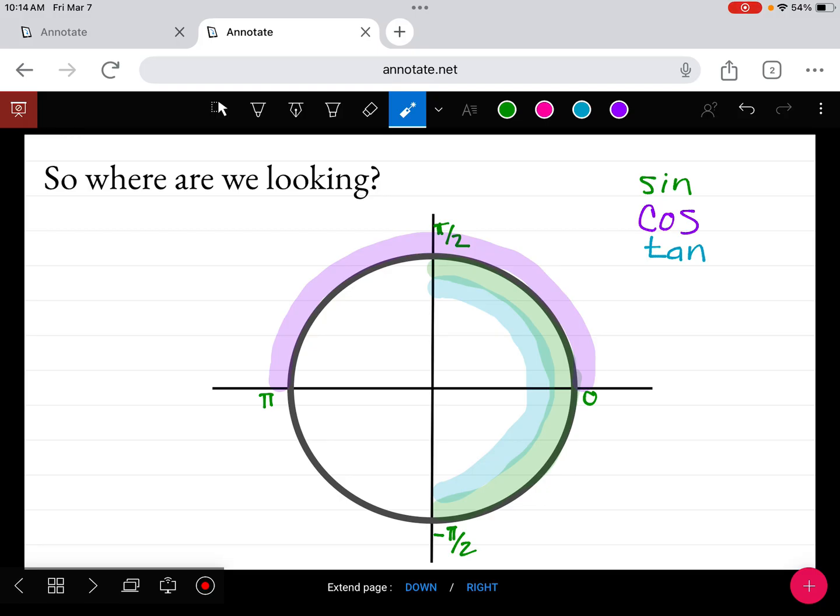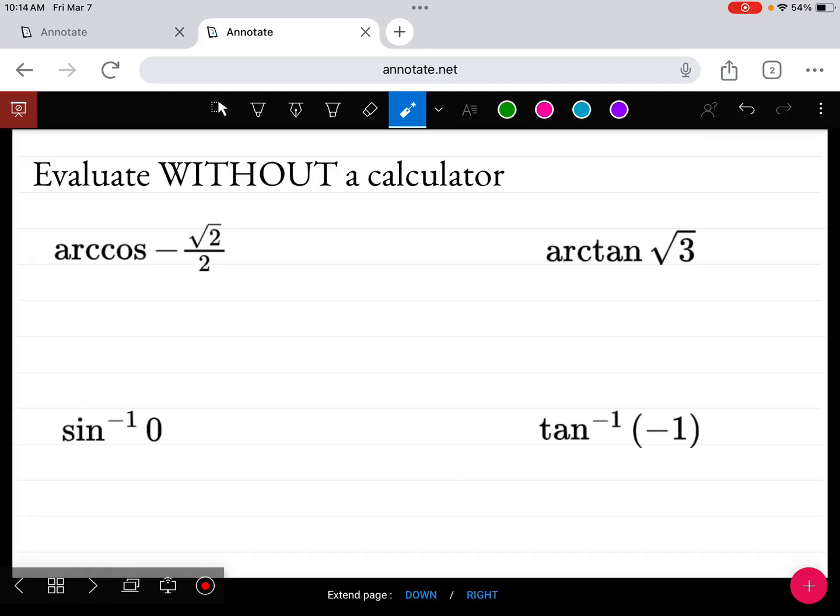That look like this. We're going to try and do them without a calculator. There are times when we are going to use calculators, but you don't need them. Because we are asked to figure out what the arc cosine of negative square root of 2 over 2 is. So we want to know what angle has a cosine of negative square root of 2 over 2.